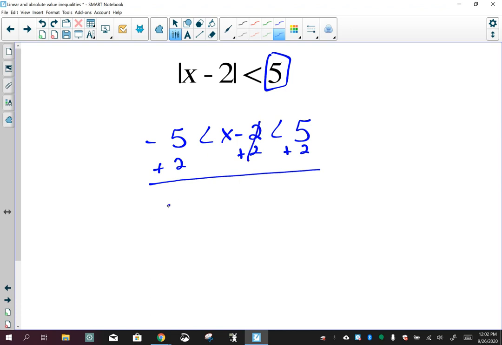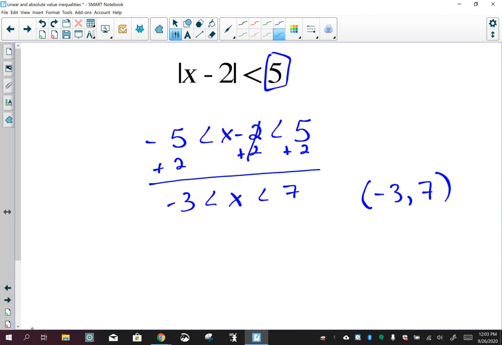And so I wind up with negative 3 less than x less than 7. So my interval notation for this one would be a parenthesis, negative 3 to 7. And then I'm done. Okay.